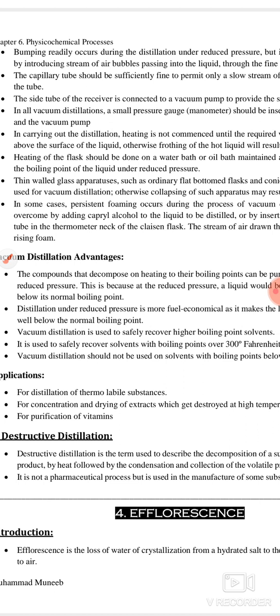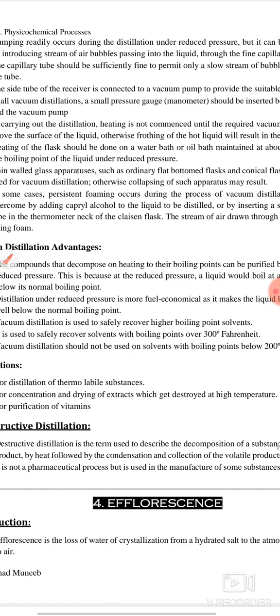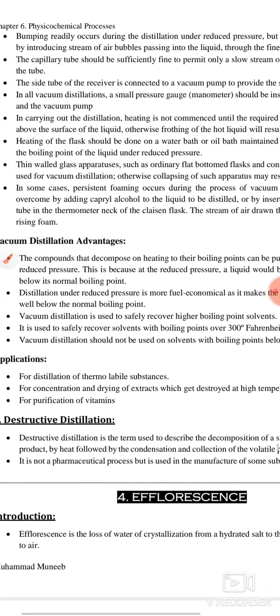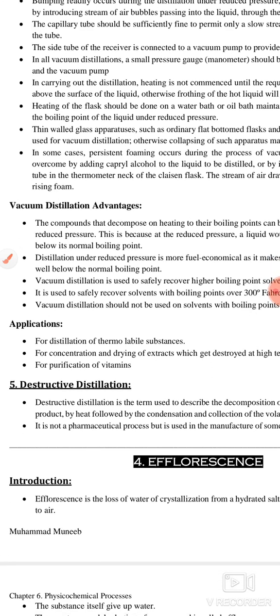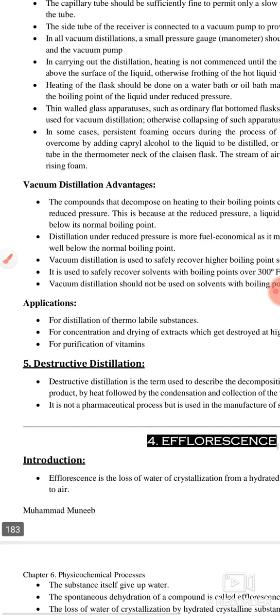Vacuum distillation is also safe, and it is also used for solvents with a boiling point under 100 Fahrenheit, and distillation should not be used on solvents with a boiling point below 200 Fahrenheit. Applications are for thermolabile substances which are thermally unstable. Second, for the concentration and drying of extracts which would be destroyed at high temperature, and therefore it is also used for the purification of vitamins. So these are some advantages of vacuum distillation.